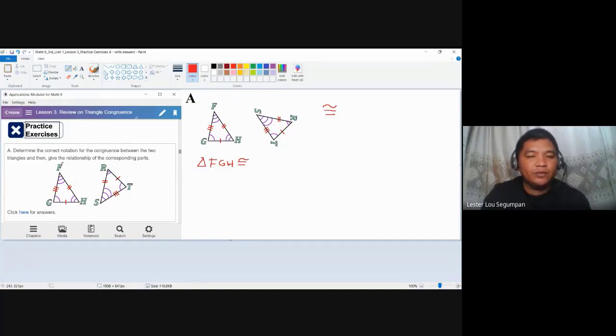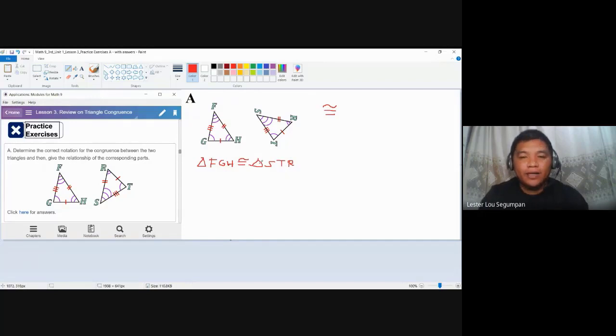You might be confused with that FGH, RST. It is actually using the corresponding sides. It would be S, starting with the angle with the three arcs, and one and then two. So you have triangle STR. This is the correct notation for congruence.